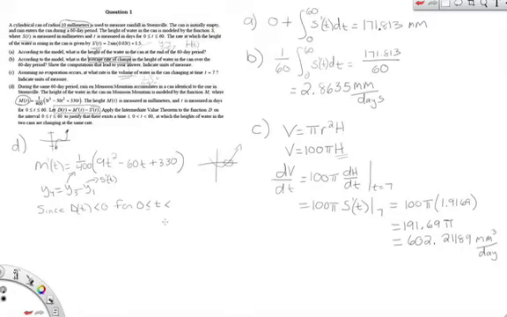I guess they want me to explain the mean value theorem. Write down 60, I guess.